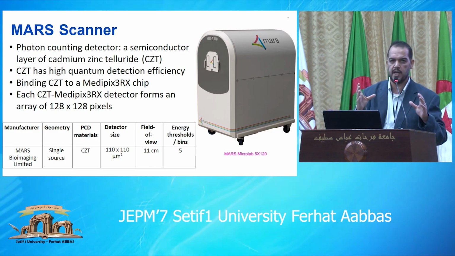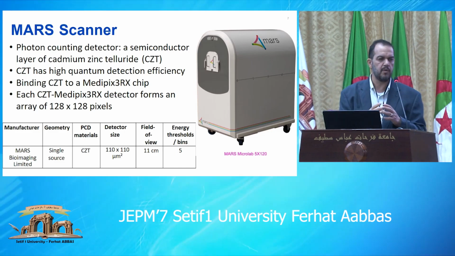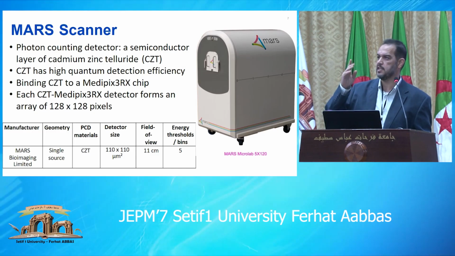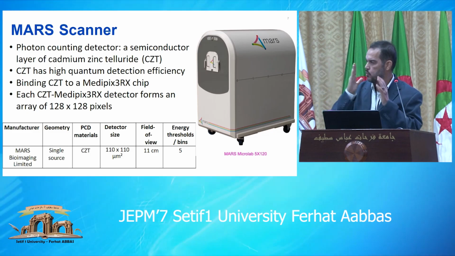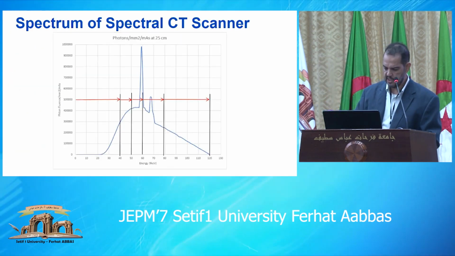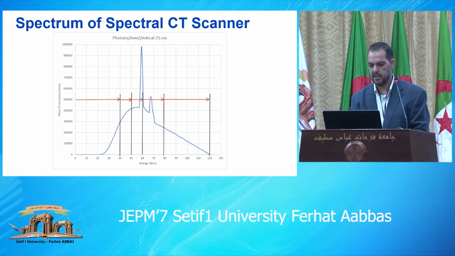So when we scan a phantom or a small animal, we can generate from a single scan multiple images for each plane or each cross-section. Each image corresponds to a different energy range. For example, this is a spectrum that was generated by the software SpekCalc at 120 kV.